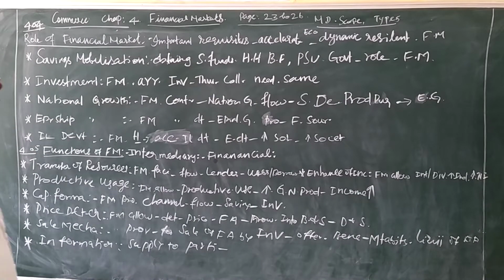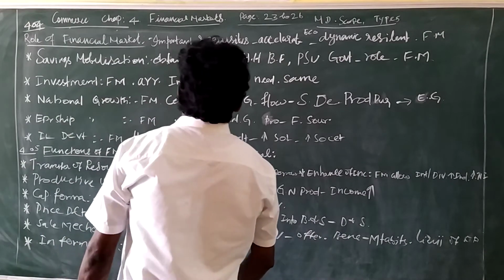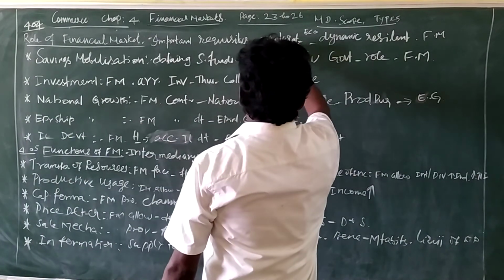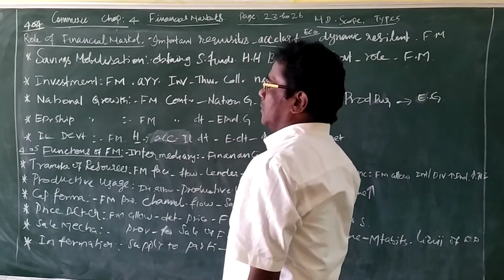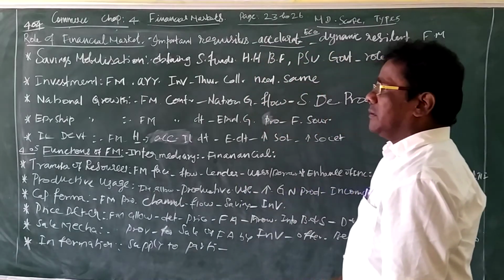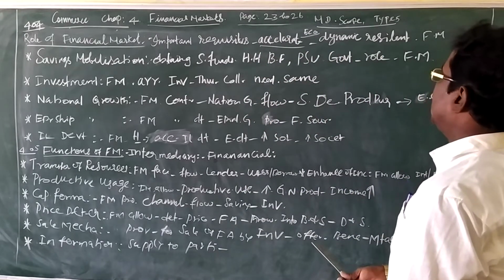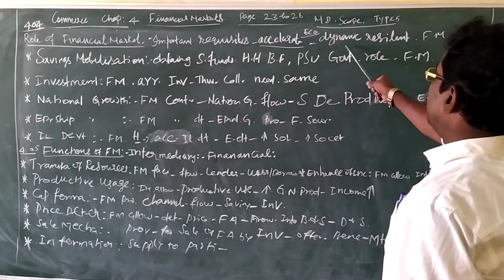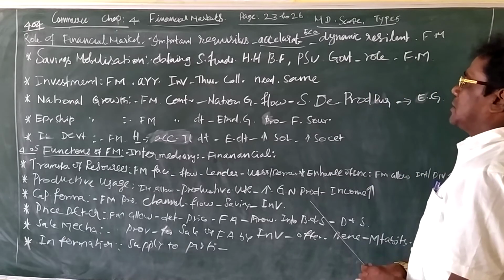The role of financial market is very important because of the acceleration of the economic development of the country. For each and every country, the development depends upon a dynamic and resilient financial market.